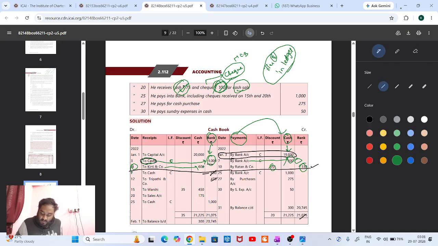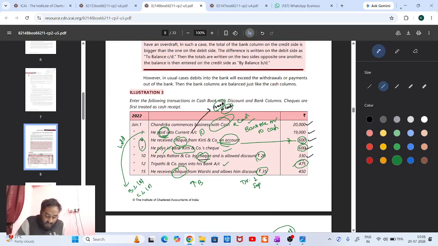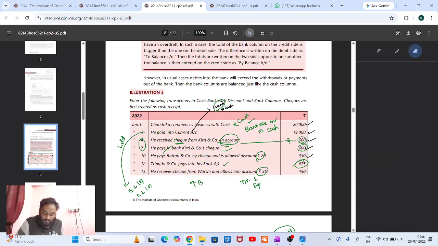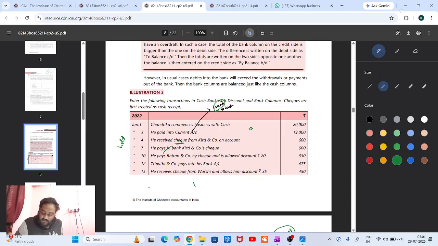Okay, so he received check. Wait a minute. I'll just clear this entire thing. Basically, if I'm not wrong, he received check, which should be considered as cash balance itself. So it is considered in the cash balance.